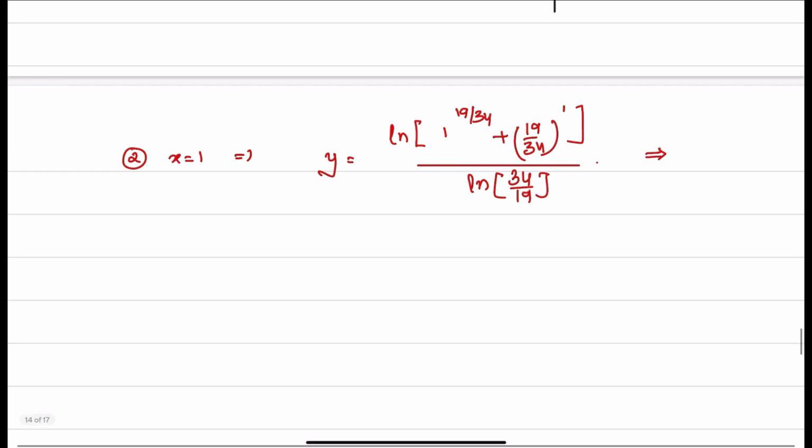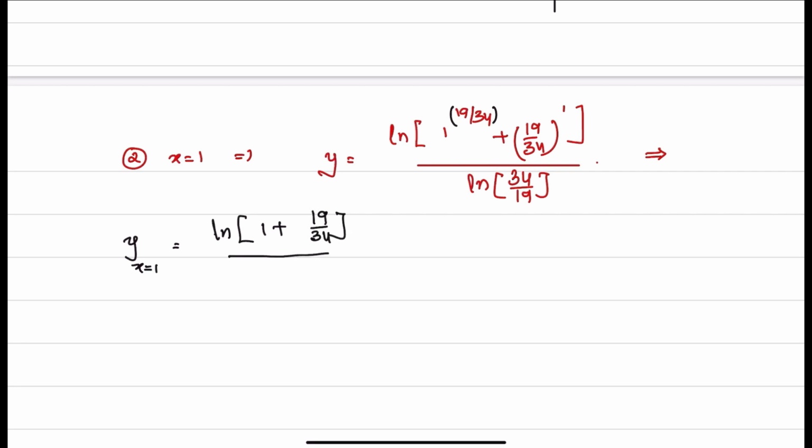This implies y at x is equal to 1 is equal to ln of 1 to the power of 19 by 34. Any number, 1 to the power of any number is 1. That is 1 plus any number to the power of 1 is the same number, 19 by 34, divided by ln 34 by 19.